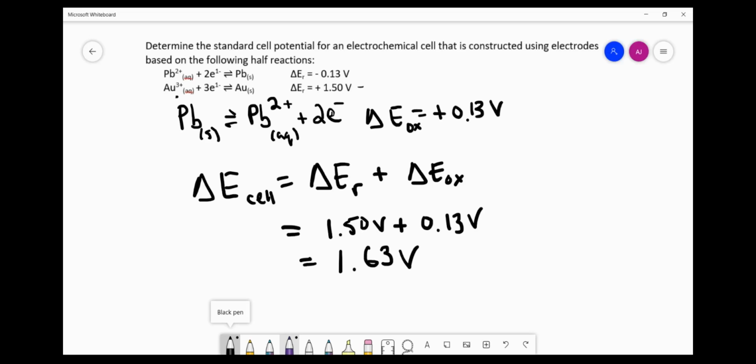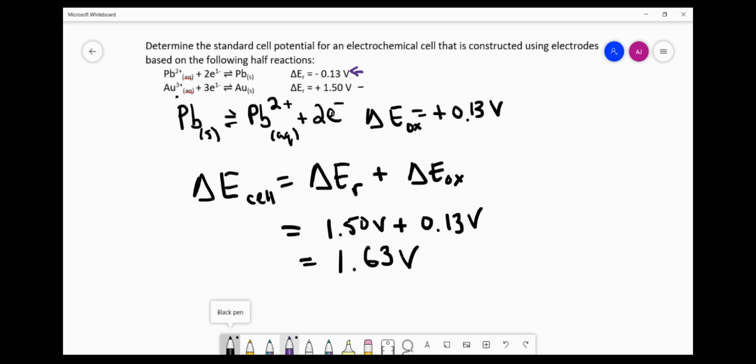Let's review my steps. I'm given two half cell reactions and I compare their reduction potentials. The reaction with the lower or more negative reduction potential is going to be the oxidation reaction.